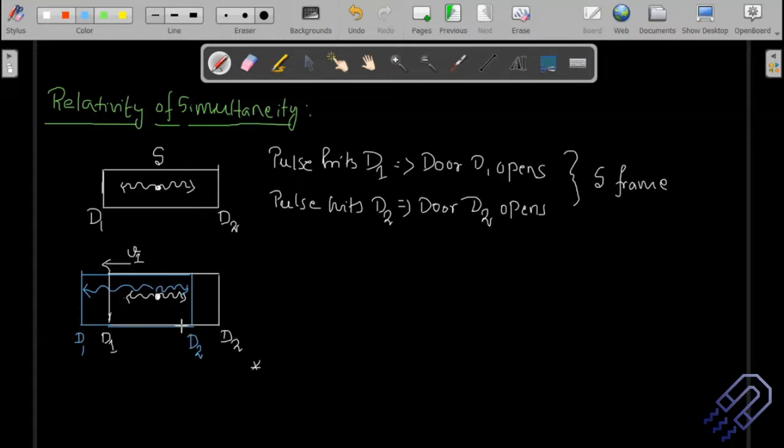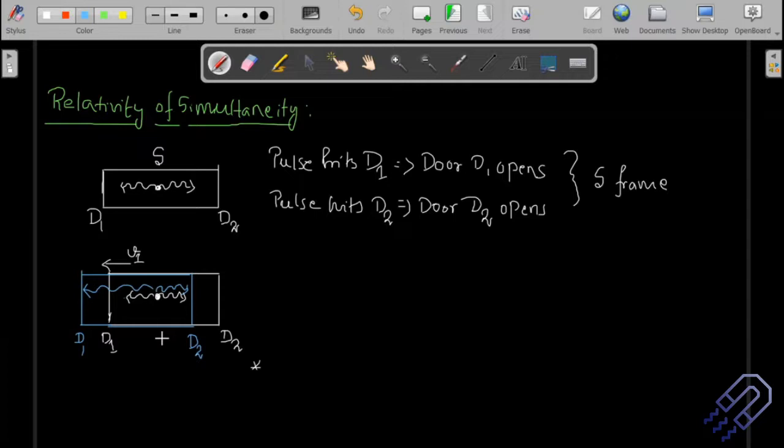So D2 will open first, D1 will open second. Whenever you are inside the moving frame, it's a simultaneous event. But when you are outside, it is not simultaneous anymore. It happens at different points of time. That is the idea of relativity of simultaneity.